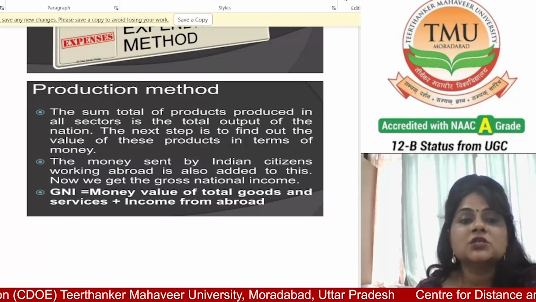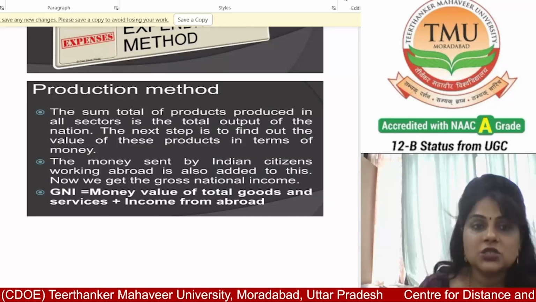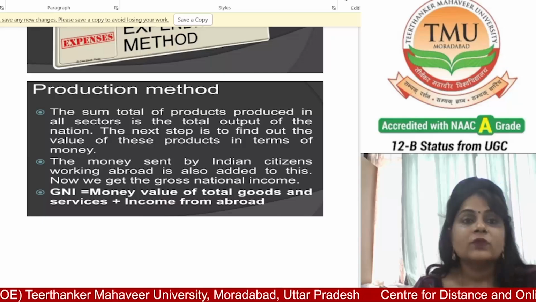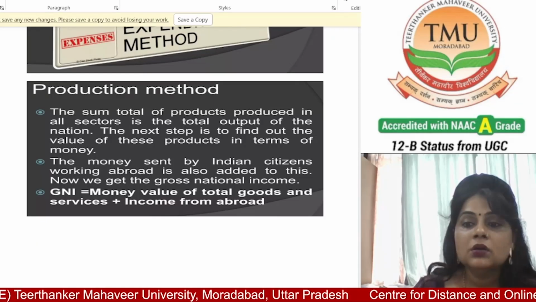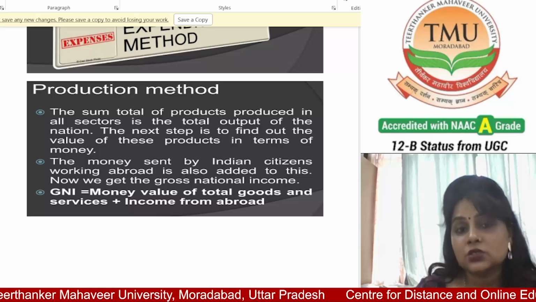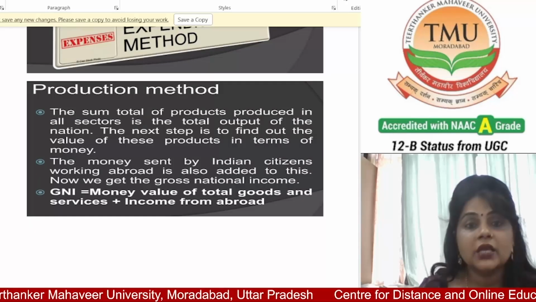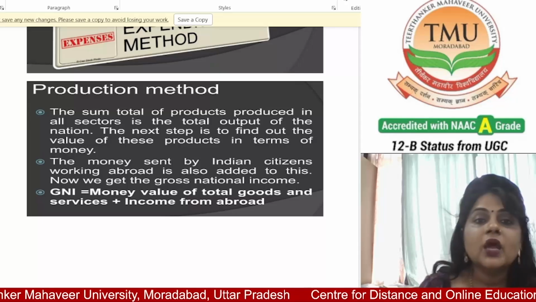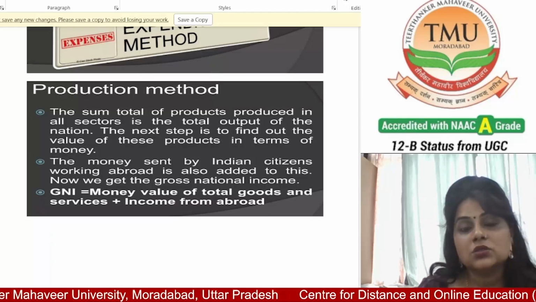Next, transactions: sales and purchases of second-hand goods must not be included. The value of second-hand goods should not be included in national income, as these goods are already counted in the year they were produced.